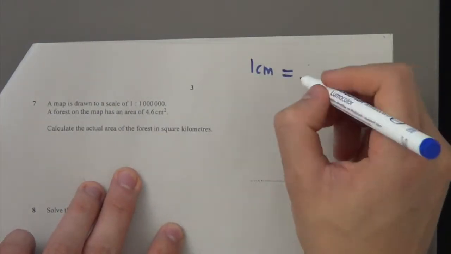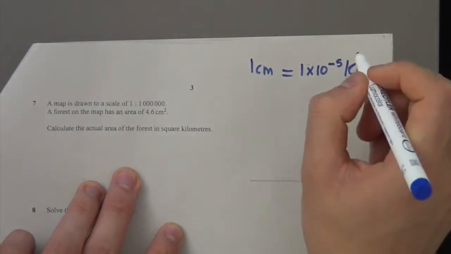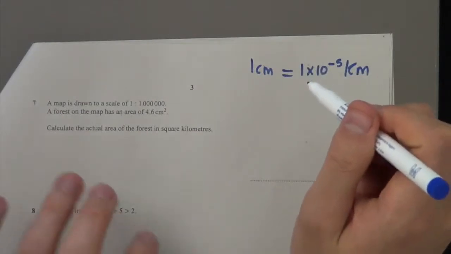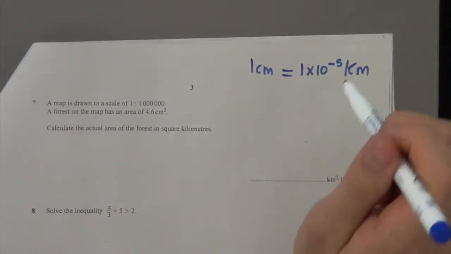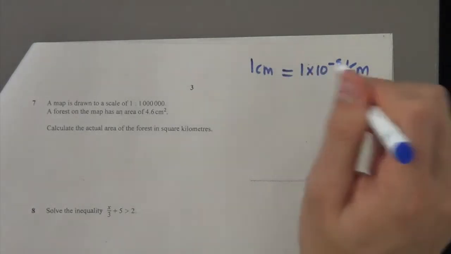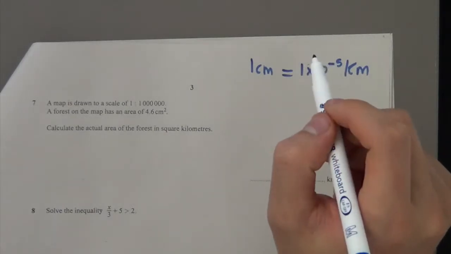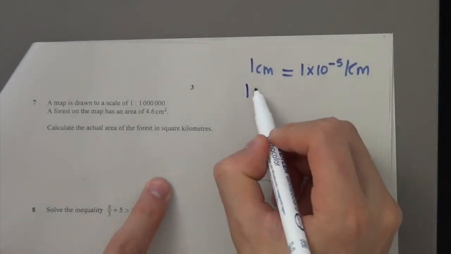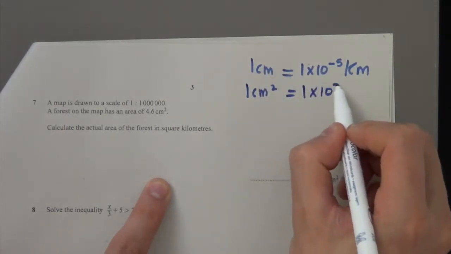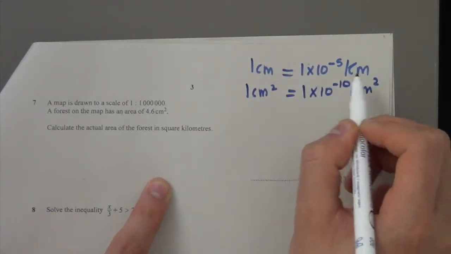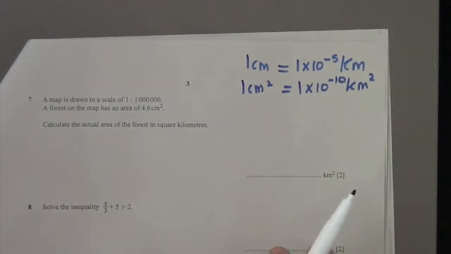Well, 1 centimeter is 1 times 10 to the minus 5 kilometers. Okay, so obviously you need to know the conversions between centimeters and meters, kilometers and meters, and you can work this out. Okay, right. The next thing we need to work out is, well, 1 centimeter squared is actually 1 times 10 to the minus 10 kilometers squared. Okay, so that's going to be useful to us.